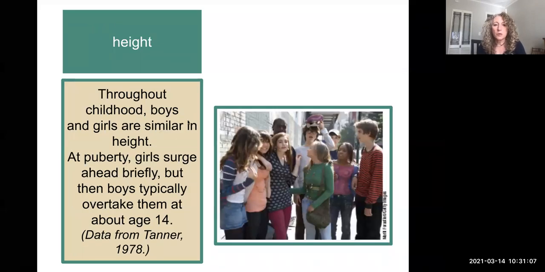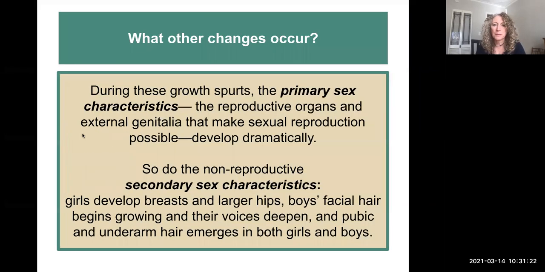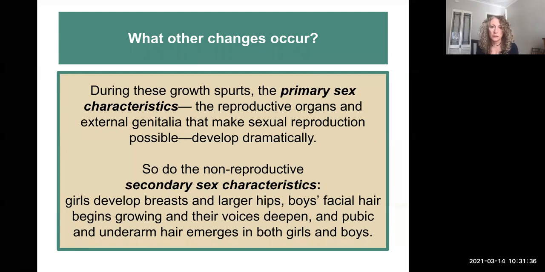All right, so throughout childhood, boys and girls are similar in height, but at about age 14 the boys start to overtake in average height. Right before that, girls actually surge. And what are some other physical changes during development that have to do with our sexual maturity? As I mentioned before, there's something called primary sex characteristics, and during the growth spurts of puberty, these things occur.